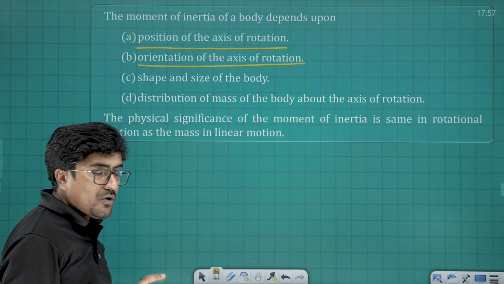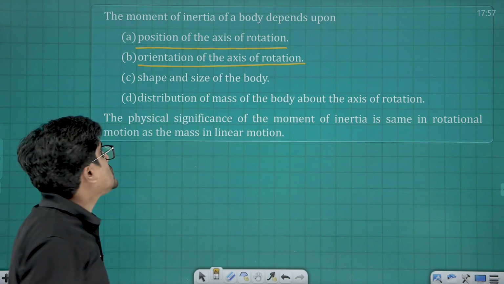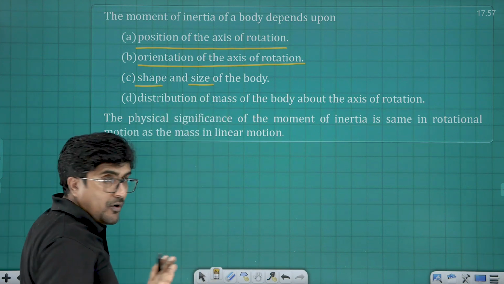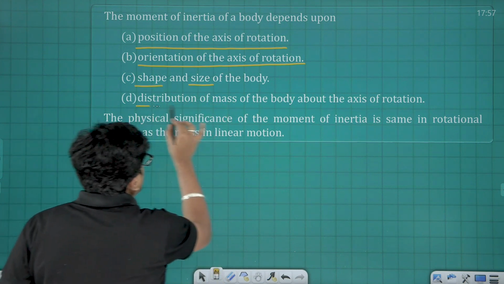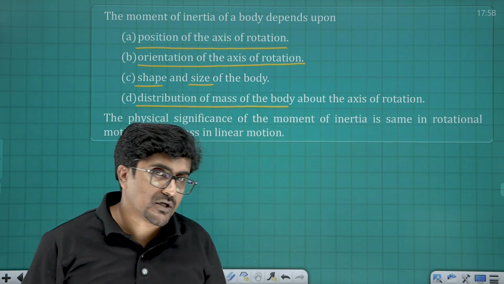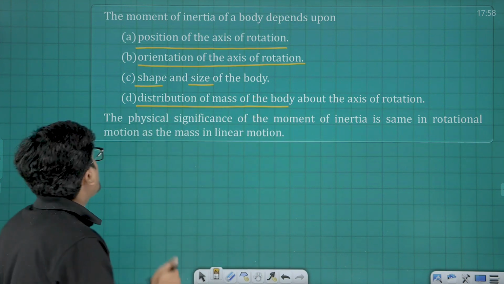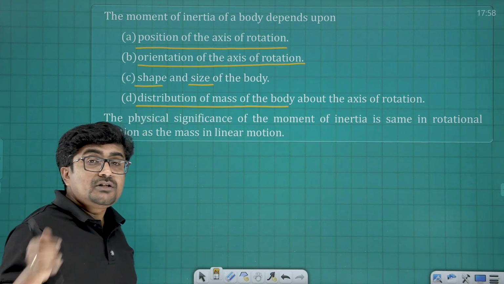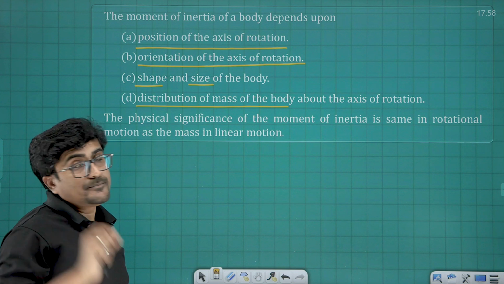Next one is the shape and size of the body, and after that the distribution of mass about the axis of rotation. So these are the 4 points that determine the moment of inertia of a rotating body.